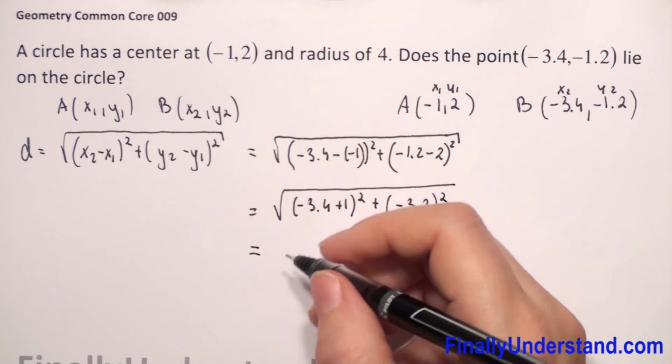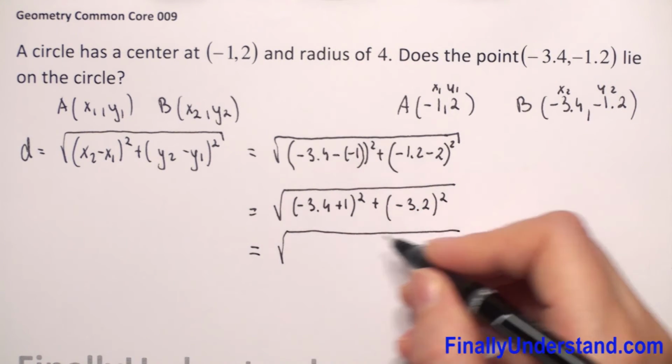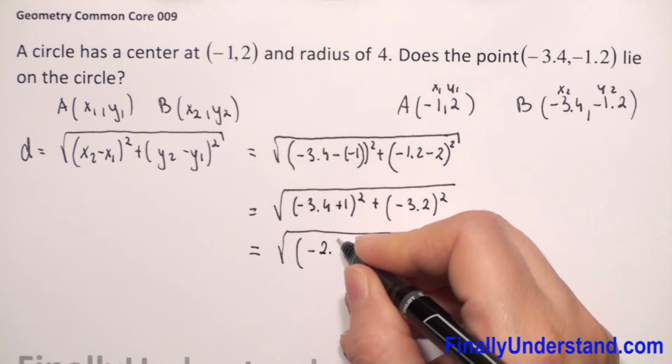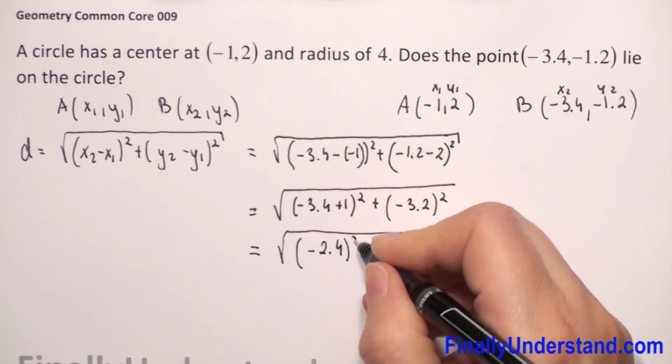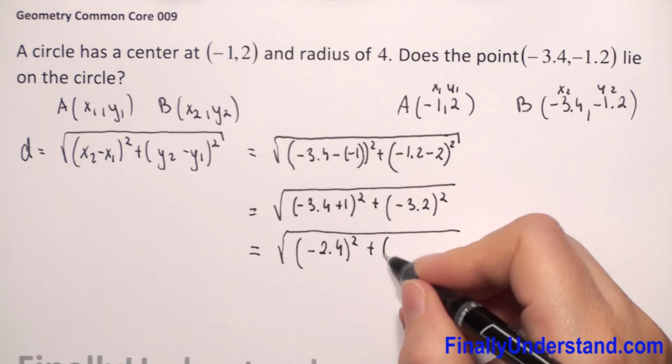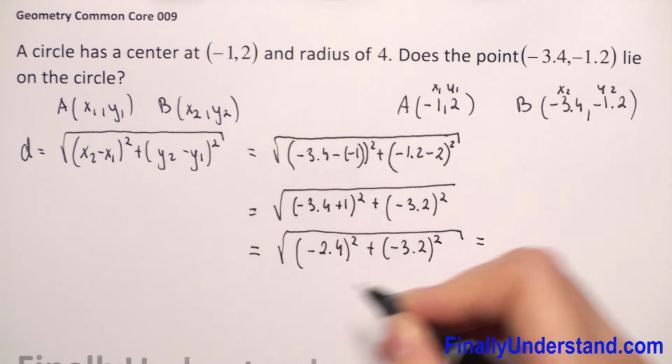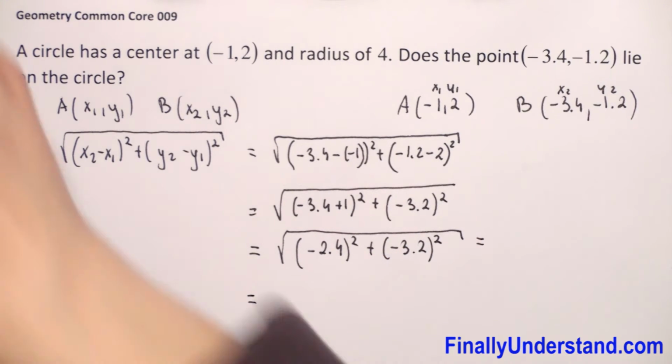So this is equal to the square root, we copy, and in the first parenthesis will be -2.4 to the second power plus -3.2 to the second power. We can use a calculator.